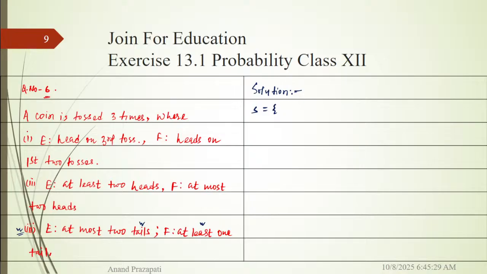S means a coin is tossed 3 times, then we get the S. So when we toss a coin 3 times, then we get HHH, this is the first sample point.